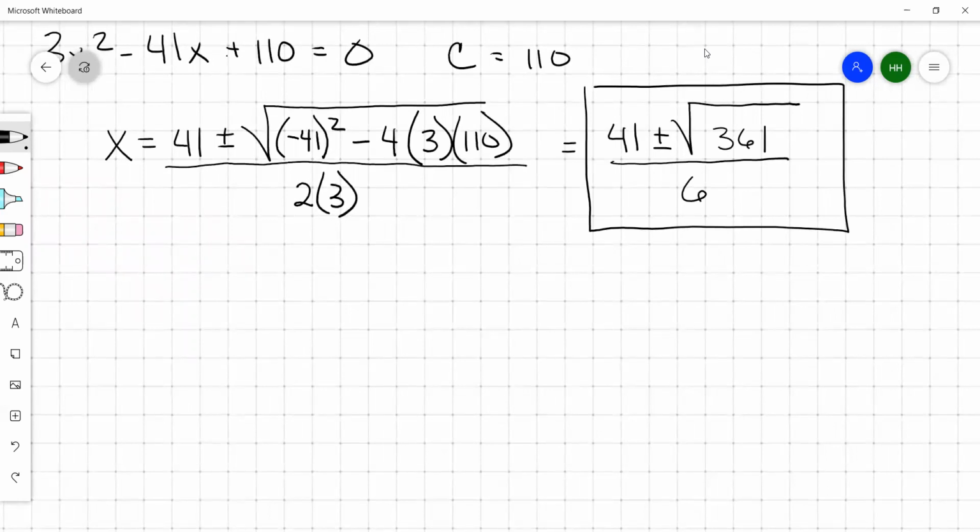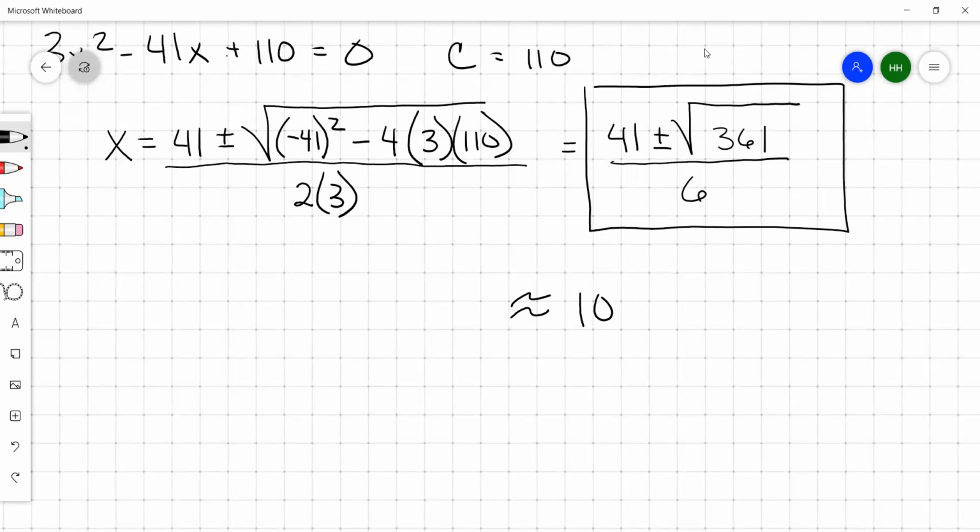If that's the case, you have to do this problem twice. You have to type 41 plus the square root of 361. You got to push equals, and you got to divide it by 6 and push equals. And did anybody do that? I got 10. Do it again.